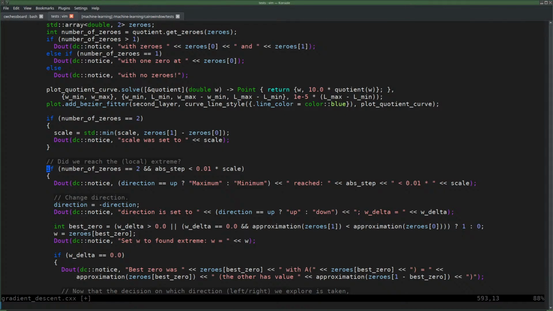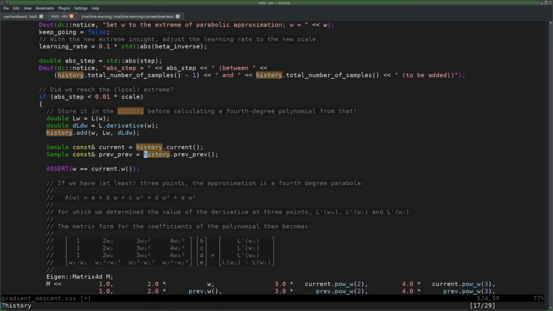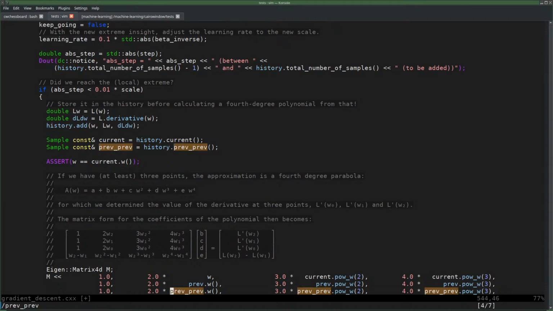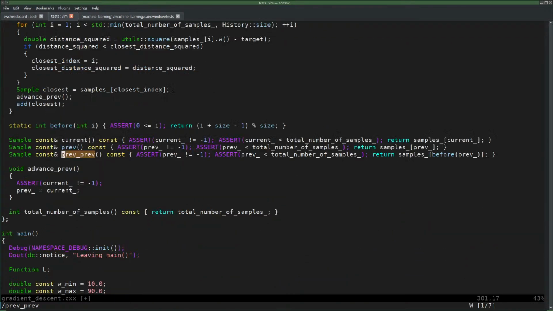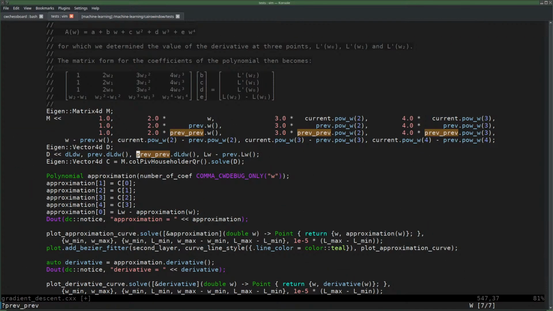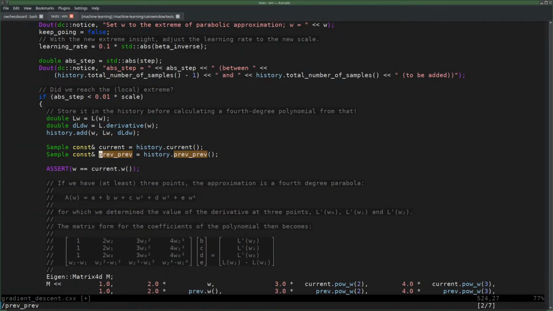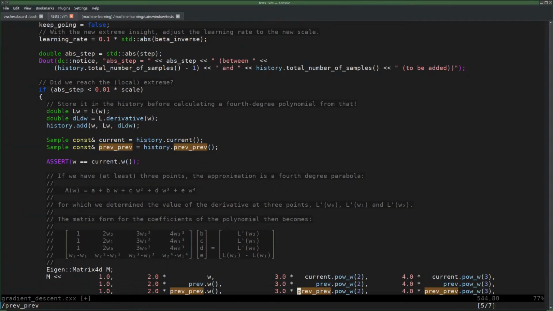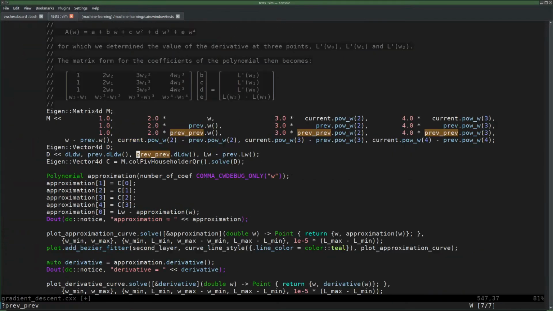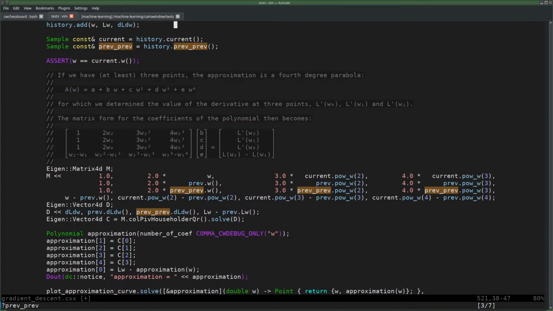Which means that I can't use the history the way I'm using it at the moment. Which is only here by setting current and previous. Which I'm sure is only used for the construction of the matrix. Yeah. Right. And current. Current as well.